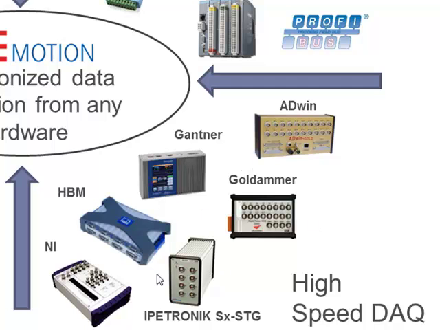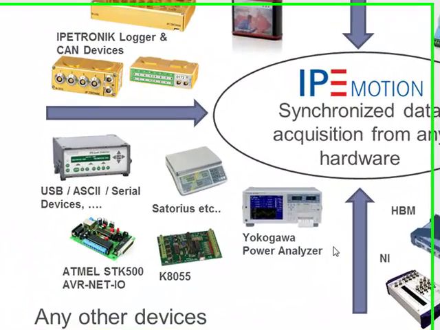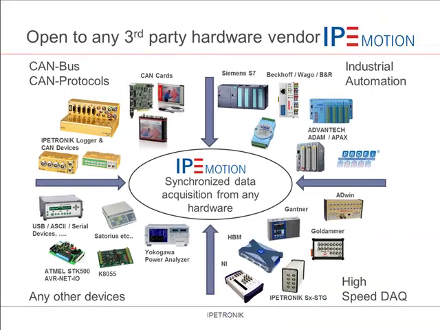Yeah, so it's really our own SX, STG strain gauge module. And any type of serial USB interfaces, evaluation boards, Atmel or Yokogawa power analyzers, scales, gas chromatography, whatever. There's a lot. It's just some idea. That's all going into IPEmotion, and if you want, at the same time.